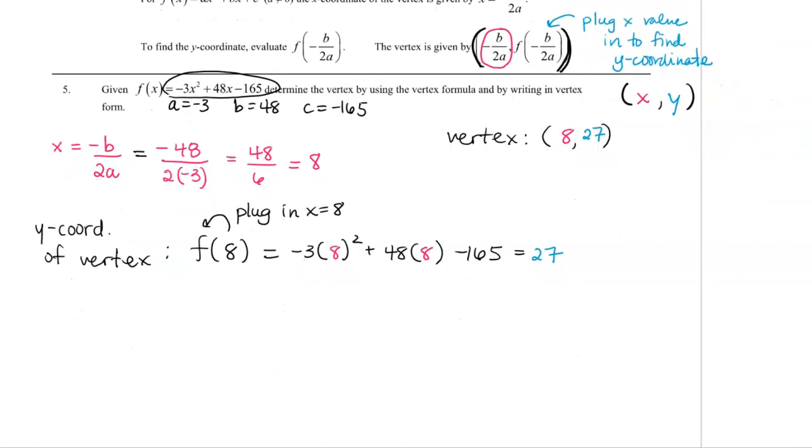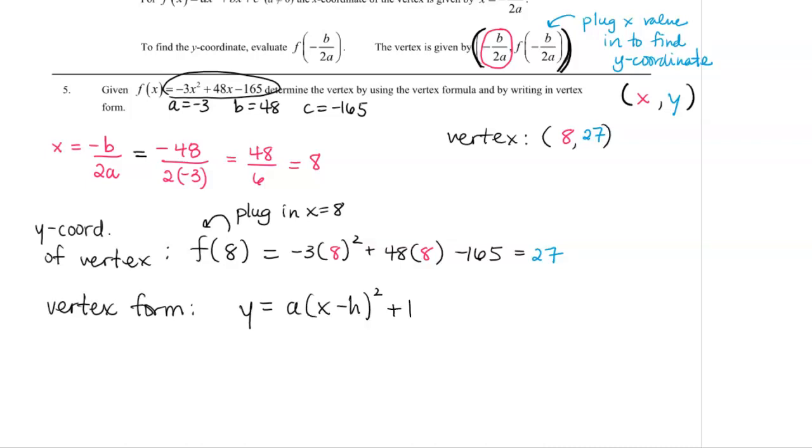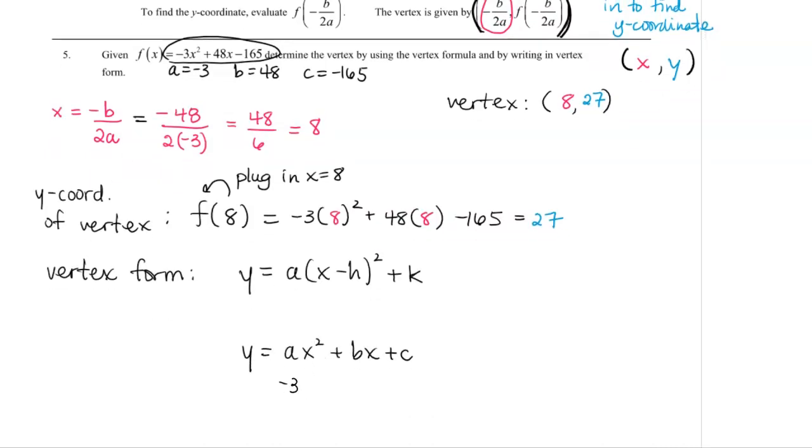So now let's talk about how we can use that vertex to actually write this quadratic in vertex form, which we know looks like a times (x minus h) squared plus k. We currently have it in the form ax squared plus bx plus c, because I can see that a is -3, that b is 48, and that c is, well, -165.